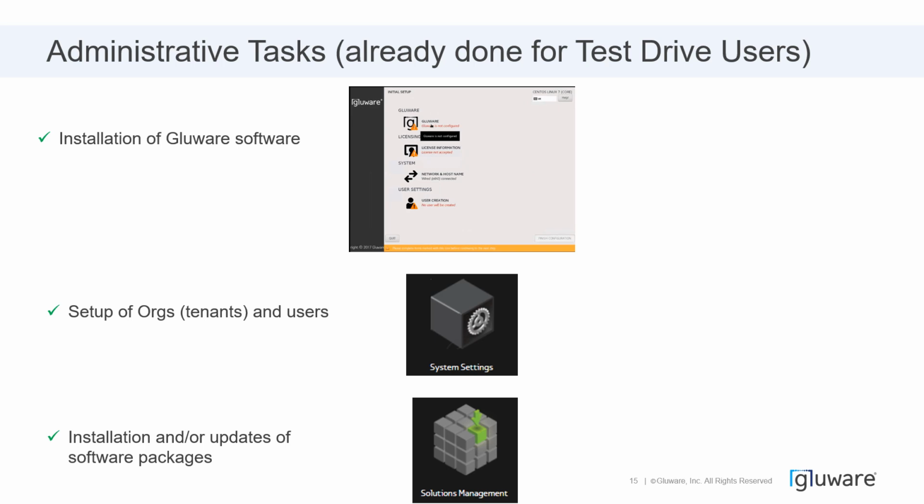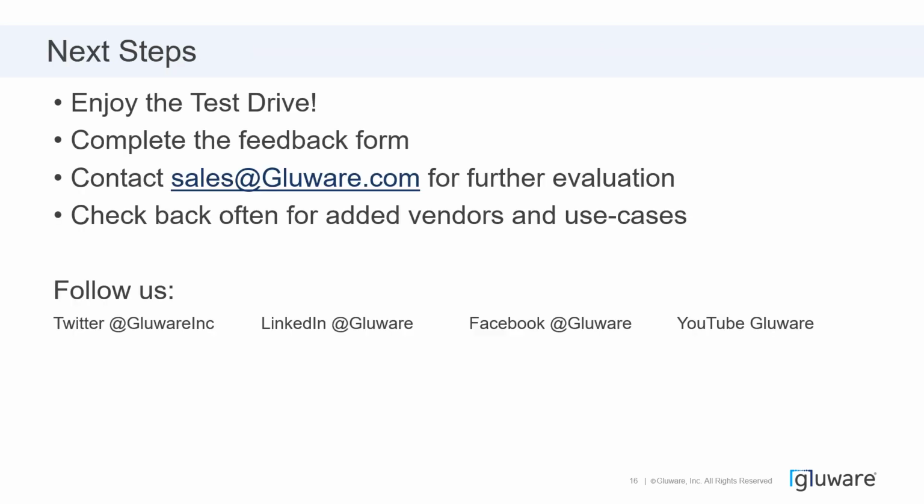You're not having to wait for the next major release. There are software packages, and as you build content into Gluware with your network designs and your configurations, you can import and export those packages using the solution management. So all that is done for you.